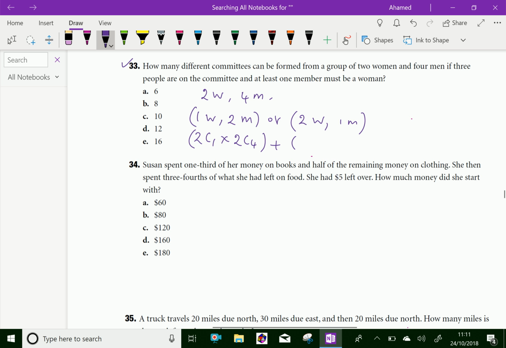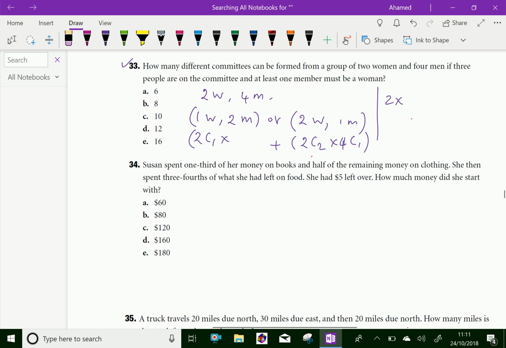The other is 2 women can be selected from 2 women, that is 2C2, into 1 man can be selected out of 4 men, that is 4C1.